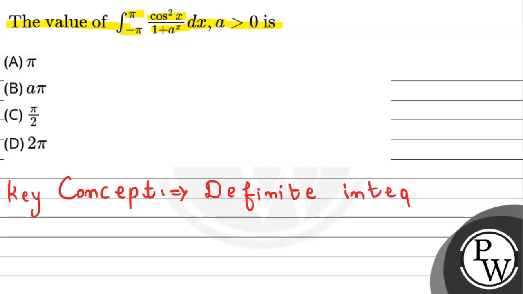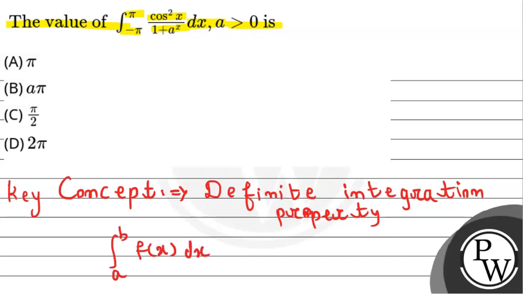Definite integration property can be given as the integration of a to b f of x dx will be equal to the integration of a to b f of a plus b minus x dx. So with this property we will solve it.